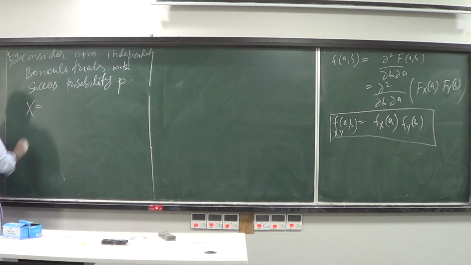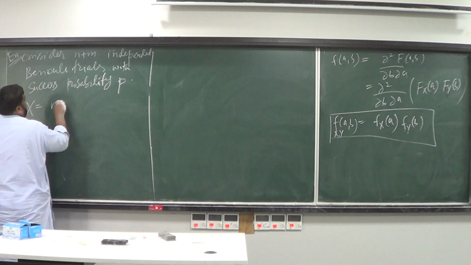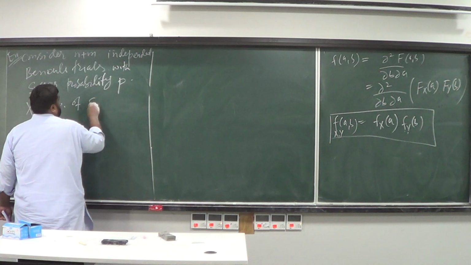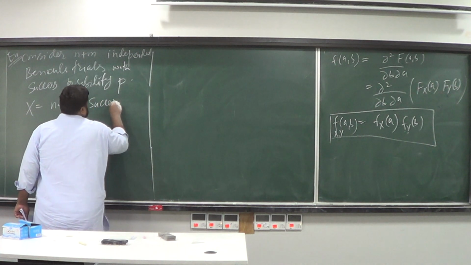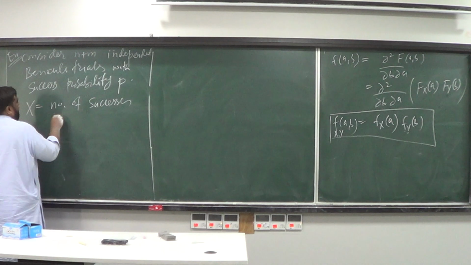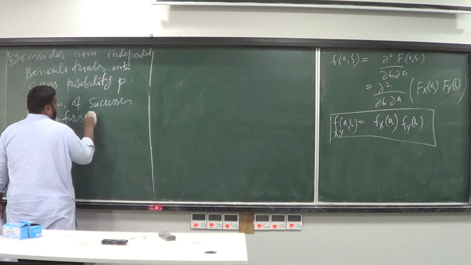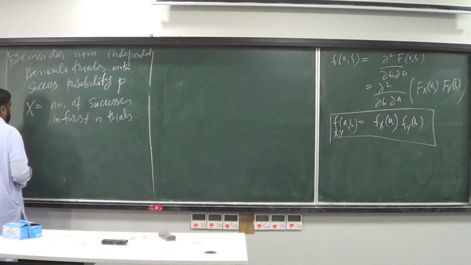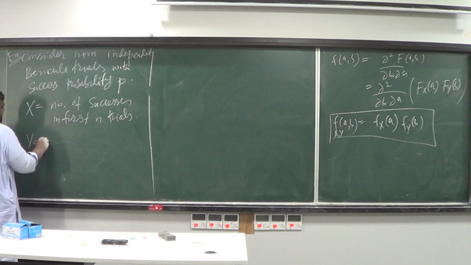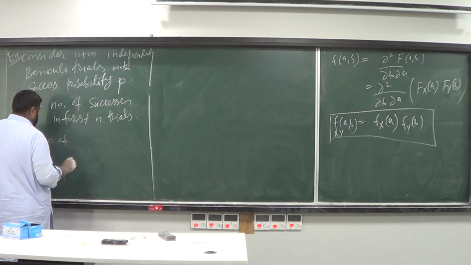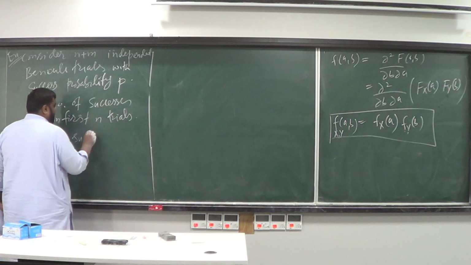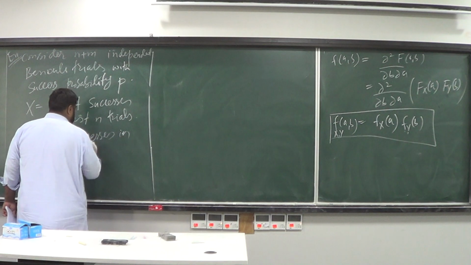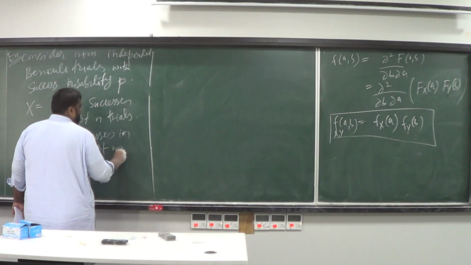Now consider X. X represents the number of successes in the first n trials, and Y represents the number of successes in the last m trials.